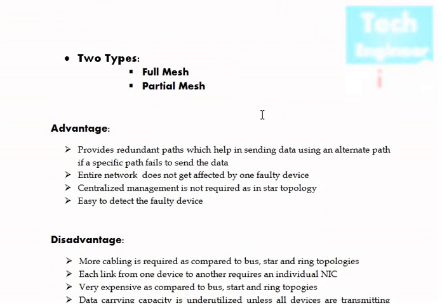Now, when you're talking about the types of mesh topology, in full mesh topology, each device is connected directly to each other. In partial mesh topology, some of the devices are connected to all others, but there are some devices which do not exchange data with all.